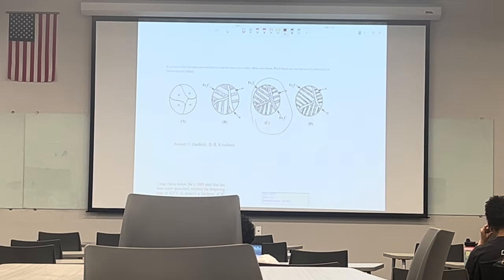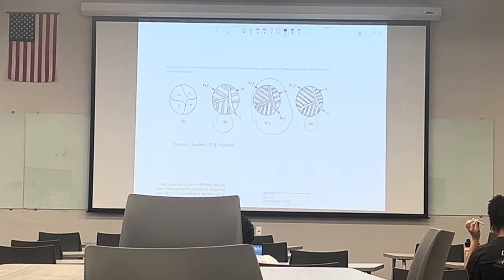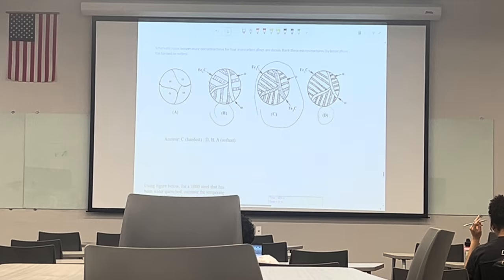But from these three options, C has the most carbon, so this is going to be the hardest one, and this is the softest one. But what about B and D? You want to rank this based on hardness or softness. What about B and D?